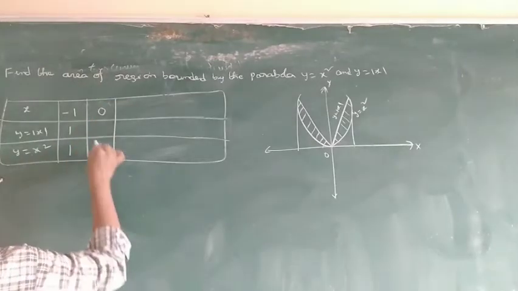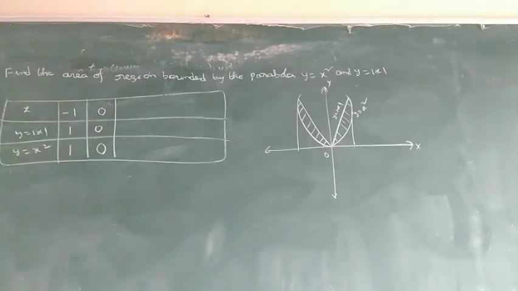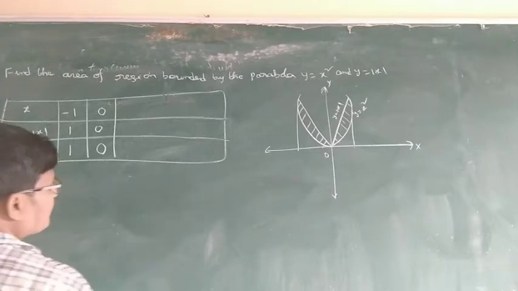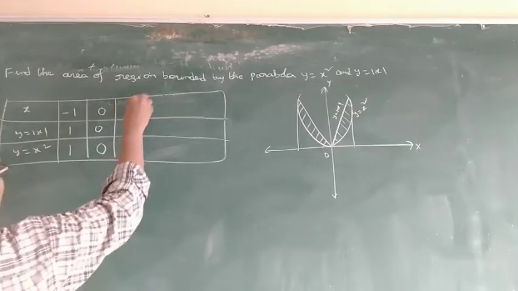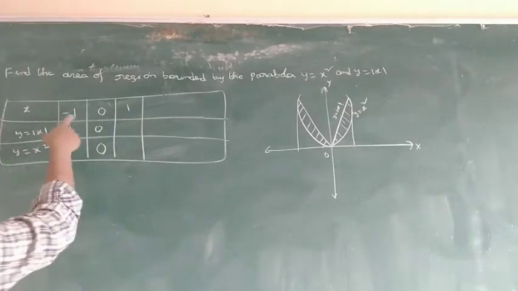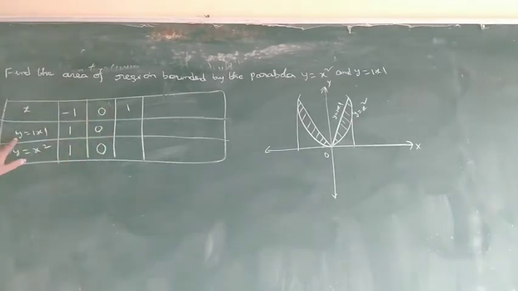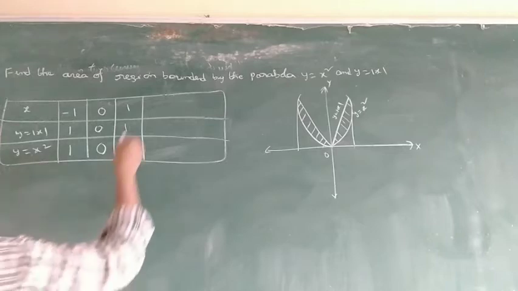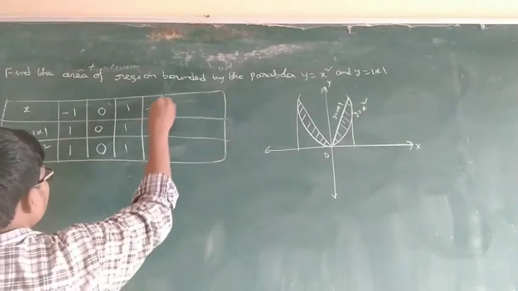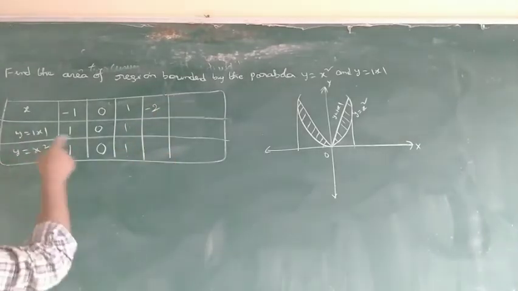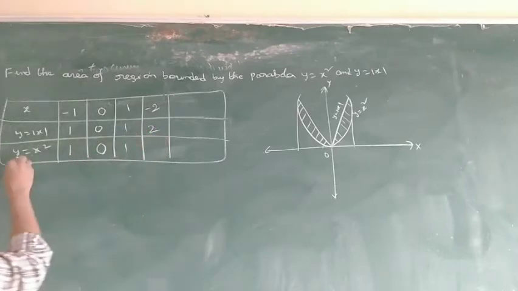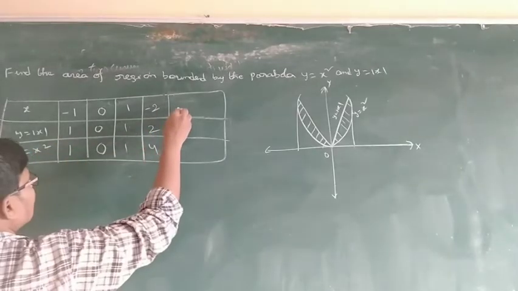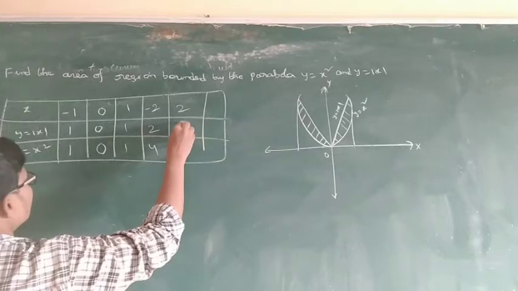Next, 0: 0, 0. Next, 1: x is equal to 1, y is equal to mod 1, 1, and 1 square, 1. So minus 2: mod of minus 2 is 2, and y is equal to x square means 4. This is 2, 4.